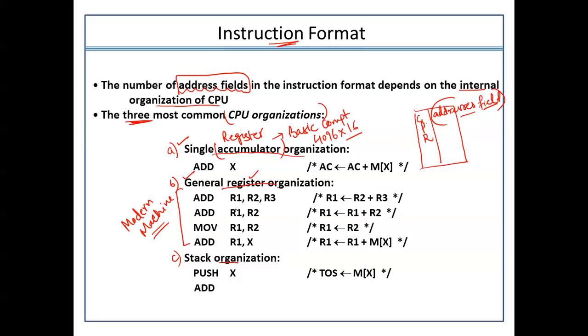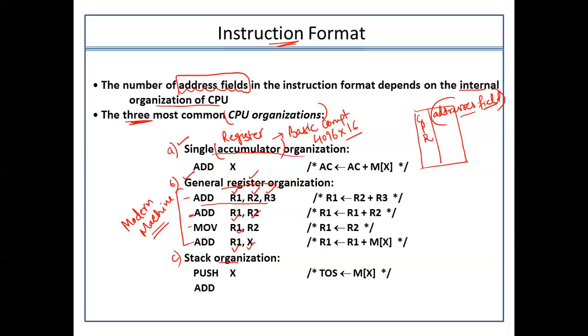Now, if you can see here, this organization has various formats available. Like here, in one instruction, I am able to point to three different addresses at a single point of time. Similarly, in another instruction, I am pointing out two registers.